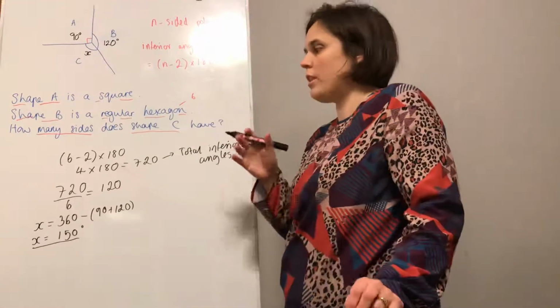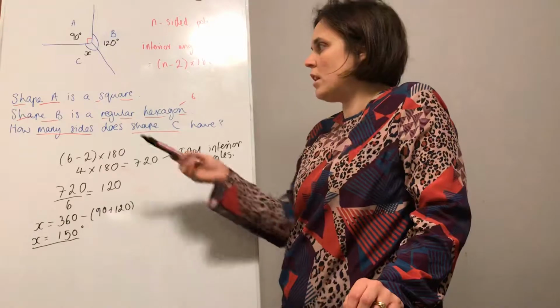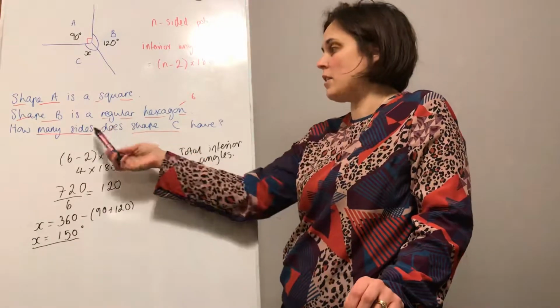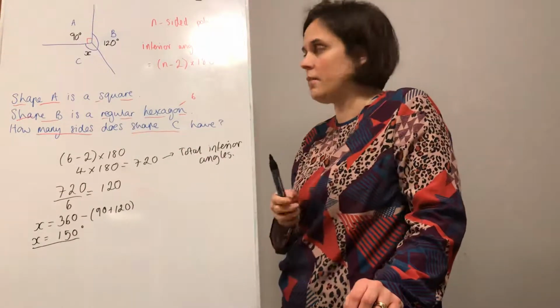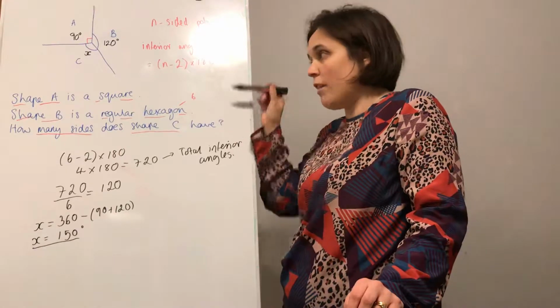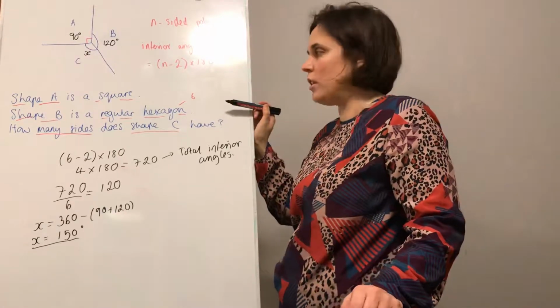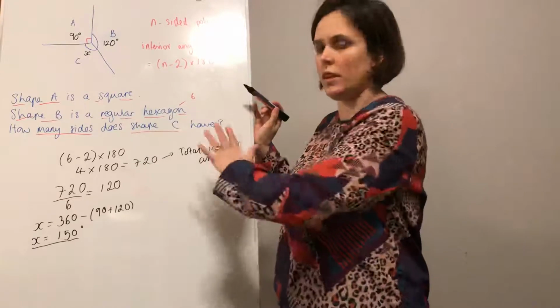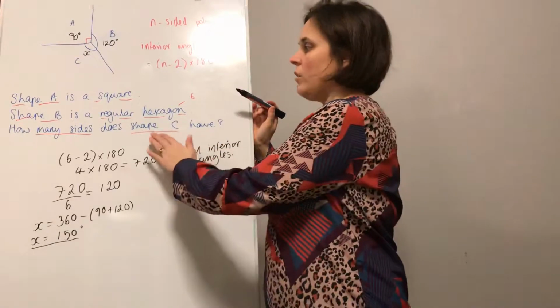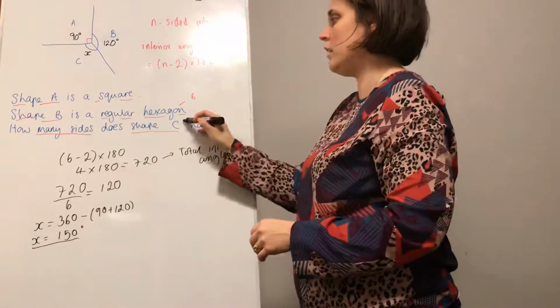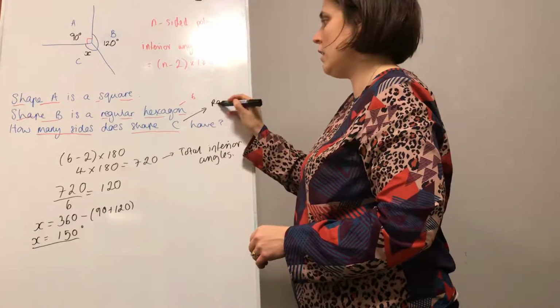Now, the next tricky bit is to work out how many sides shape C has. I haven't written out the full question, so I'm going to tell you, because I don't have a lot of room on this board, that shape C is a regular shape.